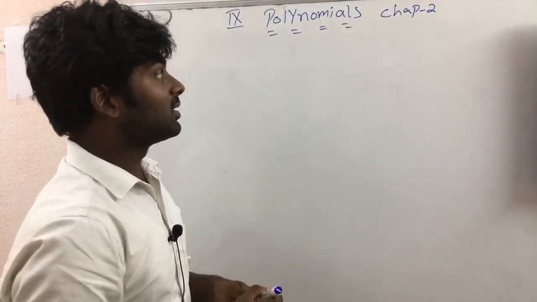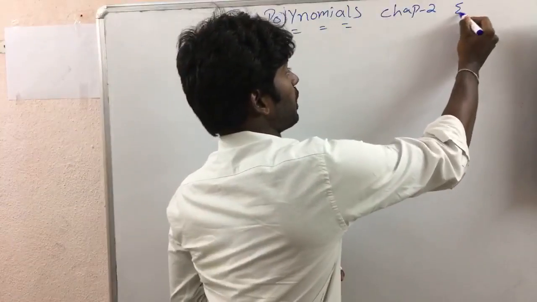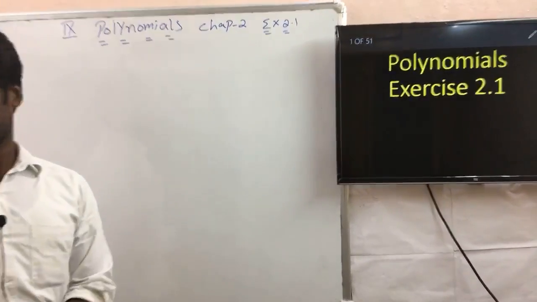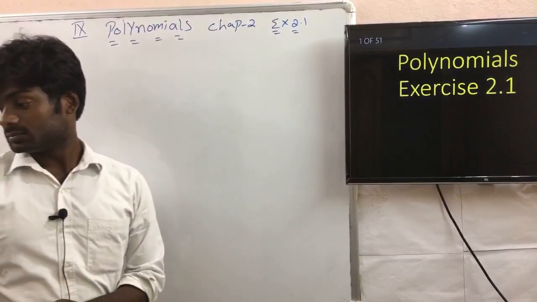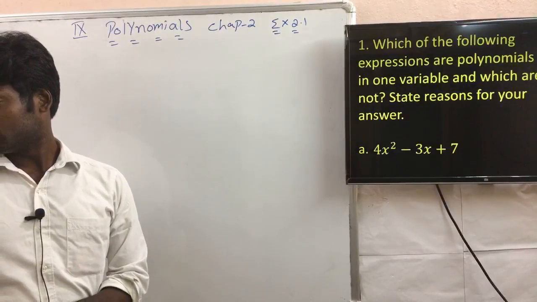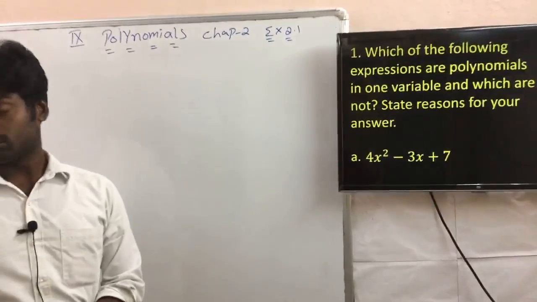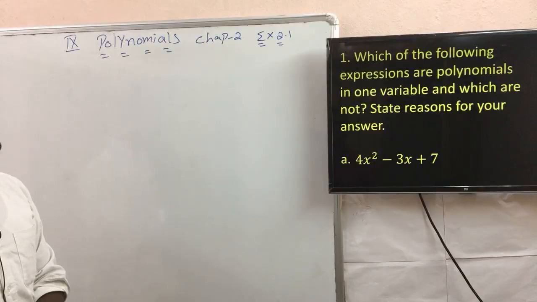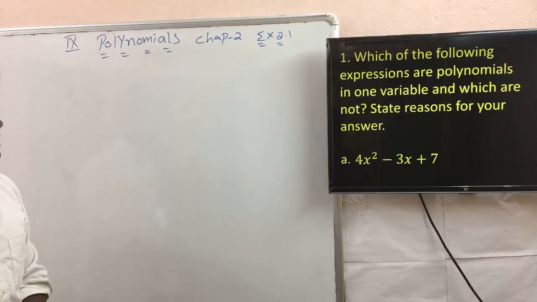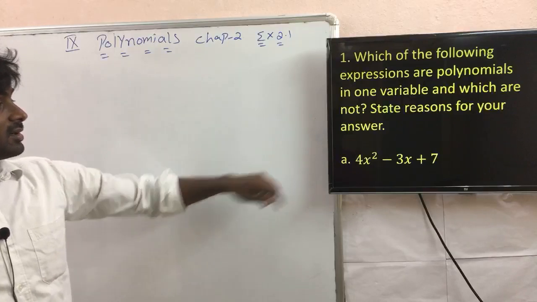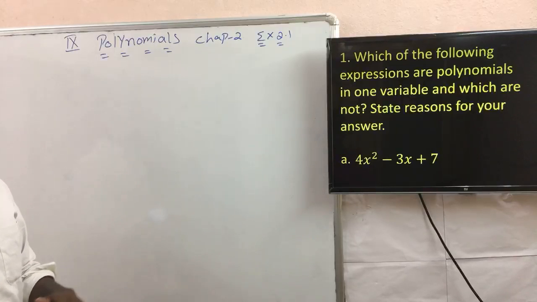So we can start Exercise 2.1. Which of the following expressions are polynomials in one variable and which are not? He is asking which of the given sums are polynomials in one variable.